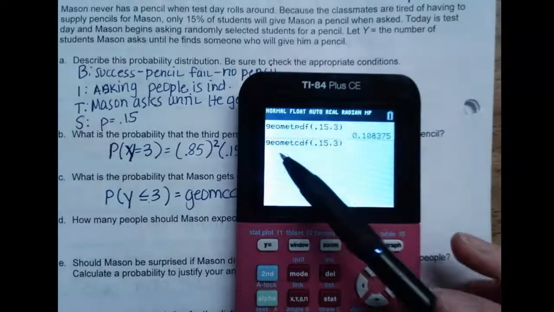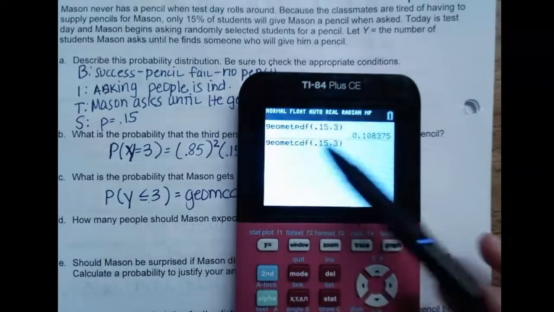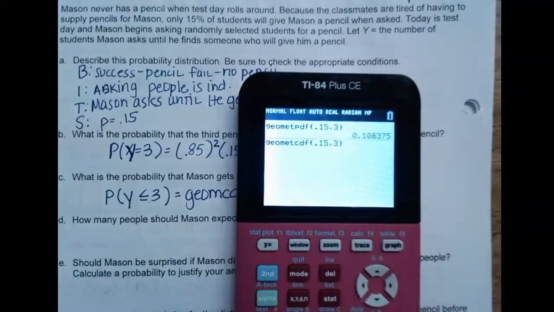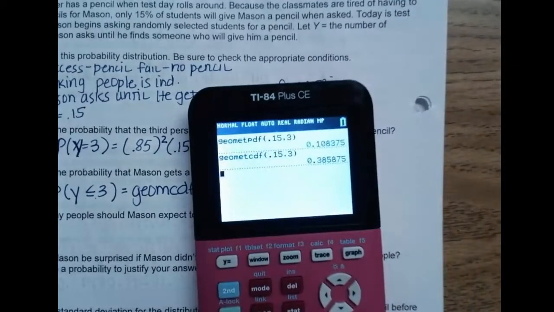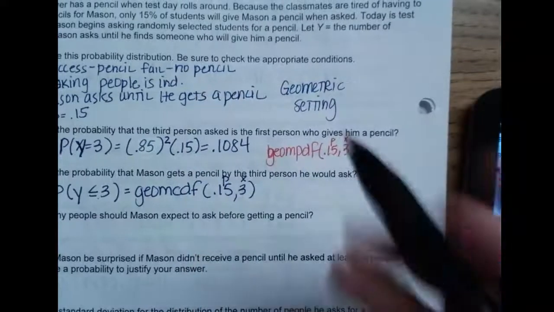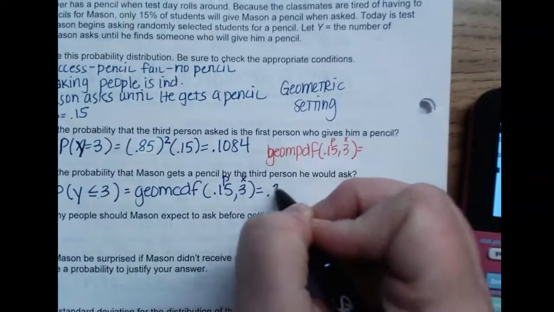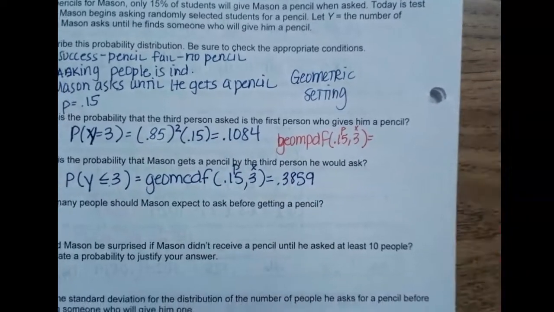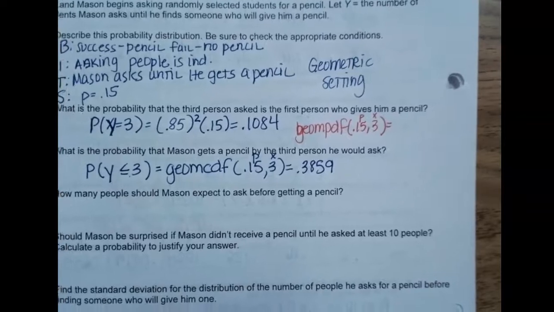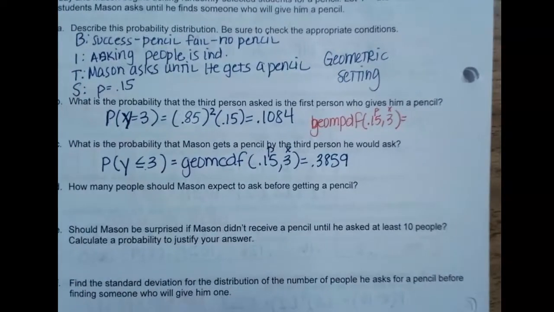So I put it in my calculator, geometric CDF, 0.15 and 3. That's my P and my X. So my answer there is 0.38587. So I'm going to just say 0.3859. So there's almost a 40% chance of getting it by the third person.